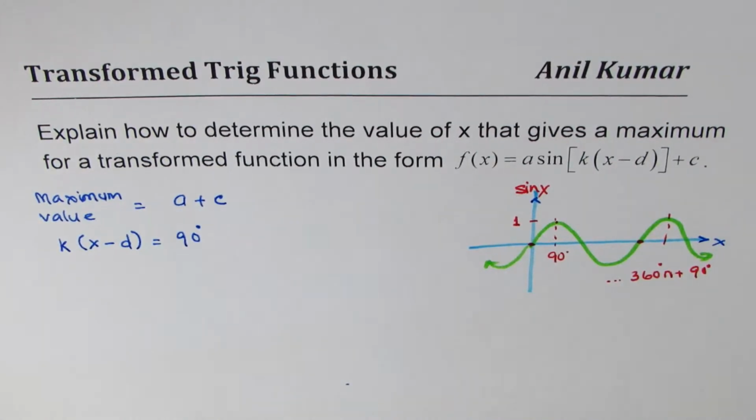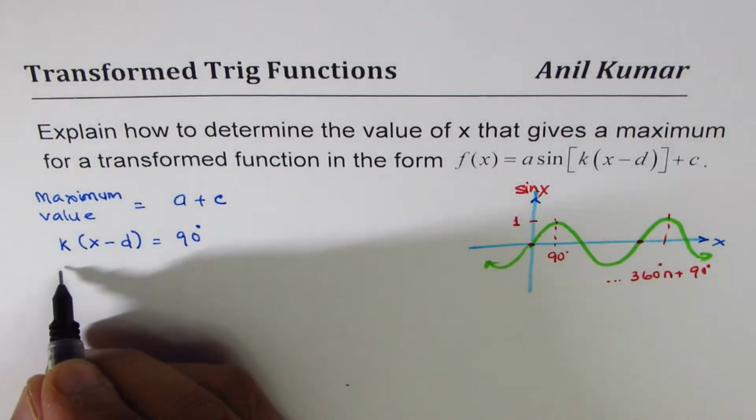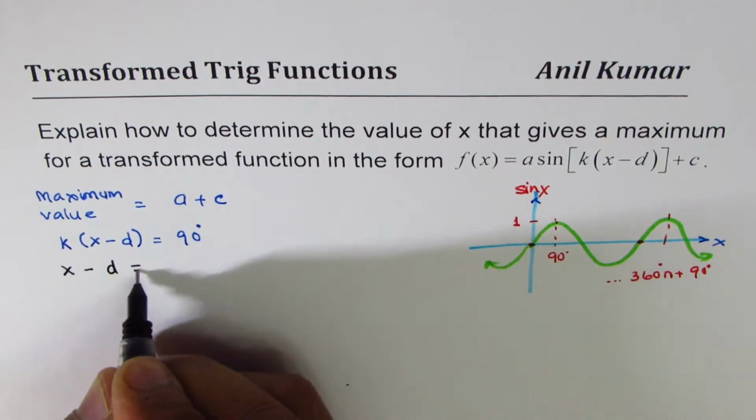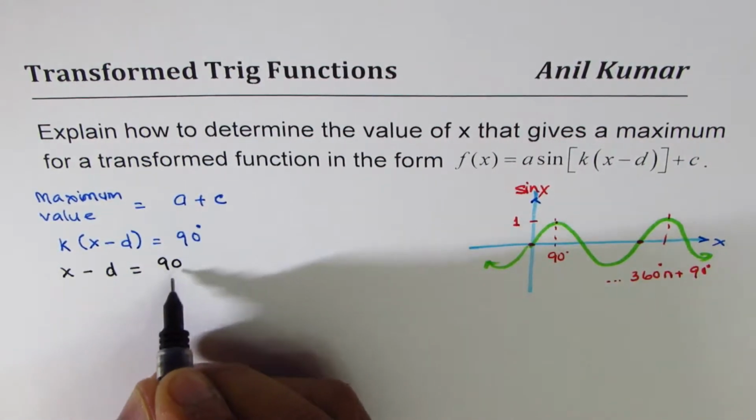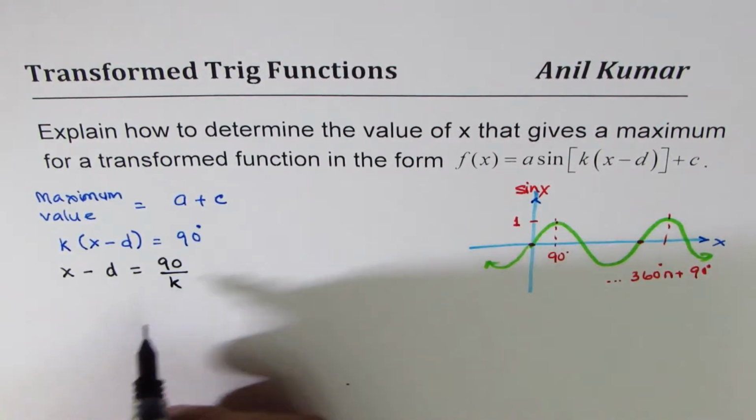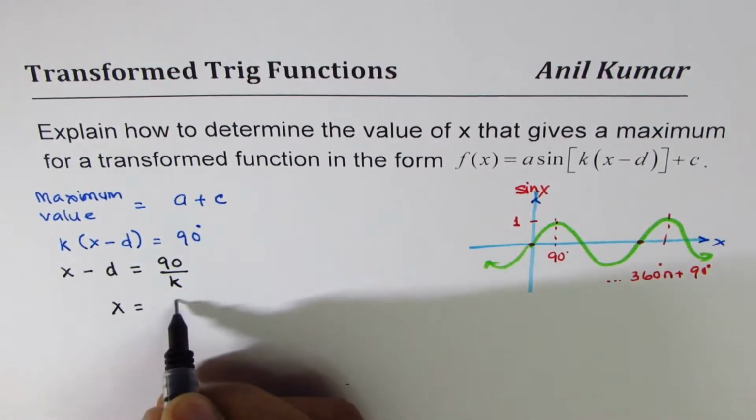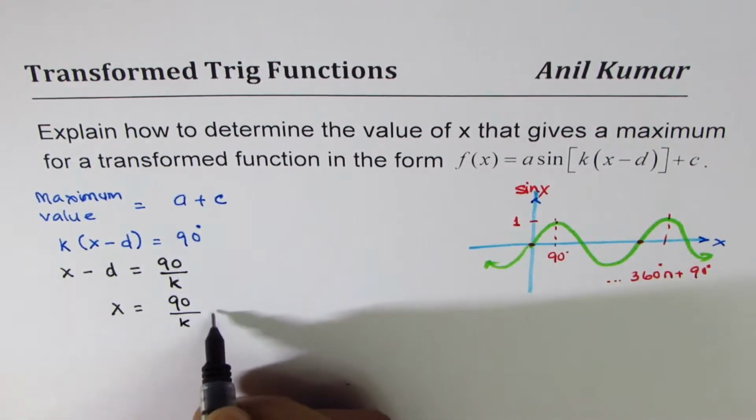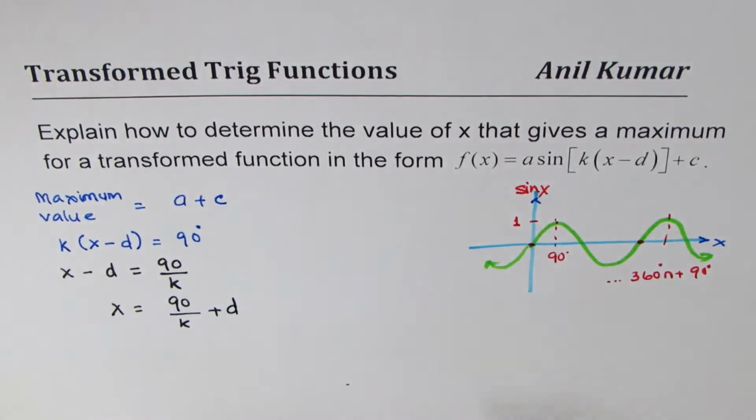Then you solve for x: x minus d equals 90 divided by k, and x equals 90 divided by k plus d. That makes sense from a transformation point of view.